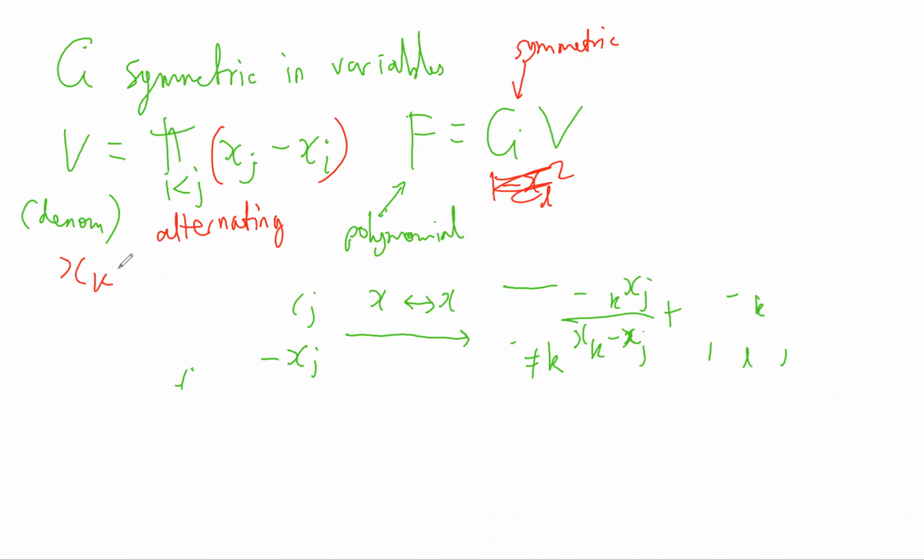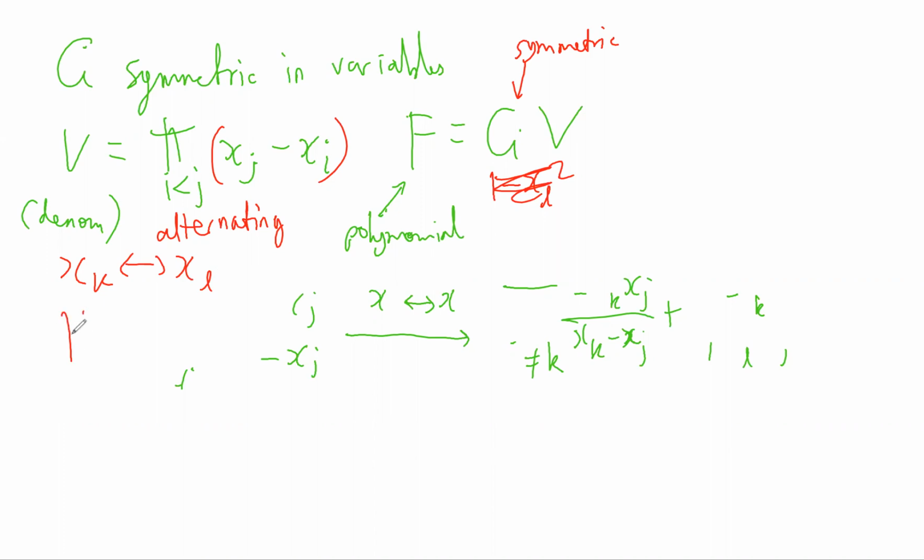So let's say we swap xk with xl. So everything's unchanged if it doesn't have a k or an l in it.